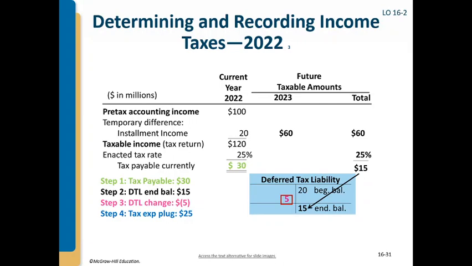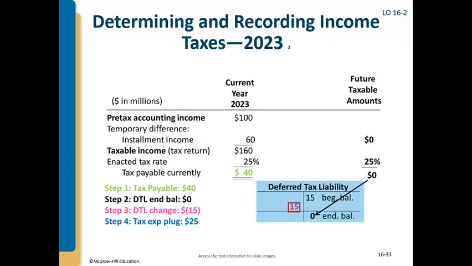You've got tax payable credit of 30. You've got a deferred tax liability debit of 5. So you're going to debit tax expense for 25 to make everything balance. And then in year 3, 2023, of course, everything catches up.